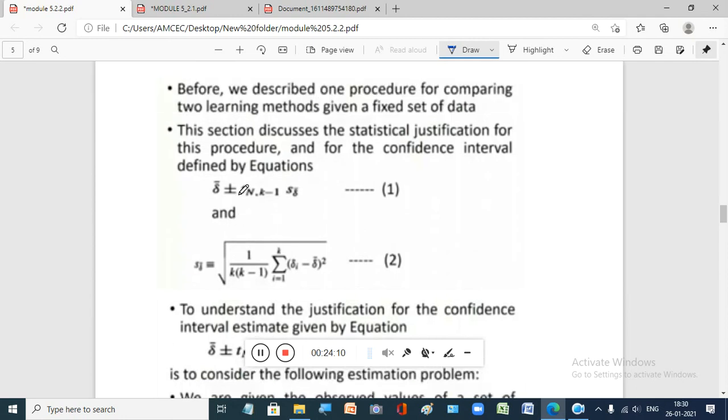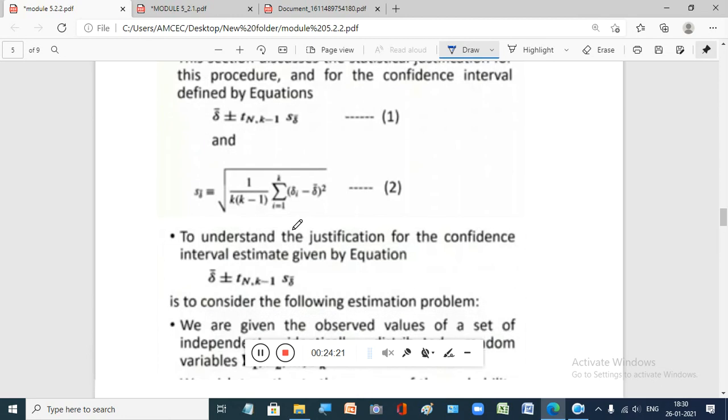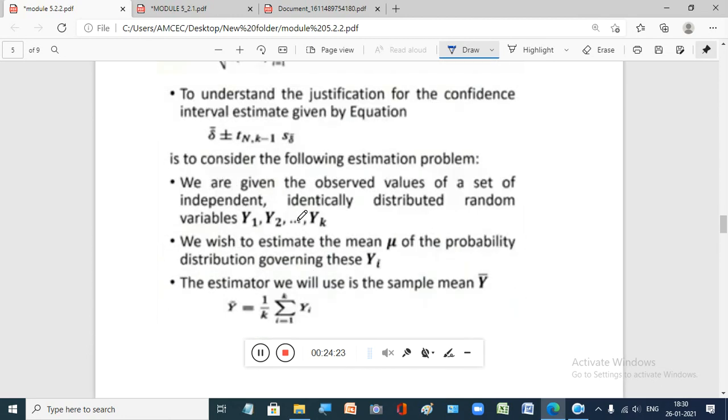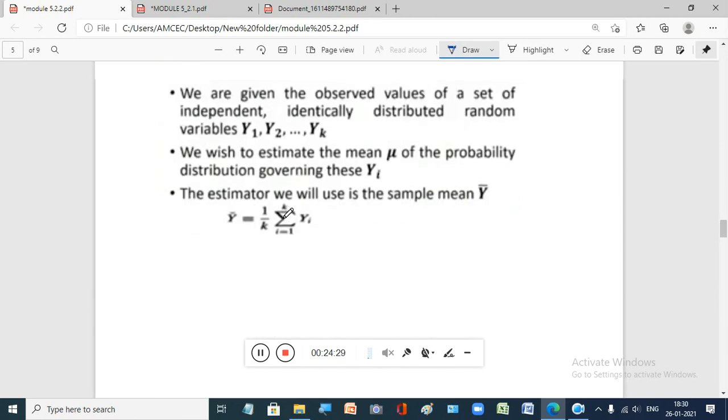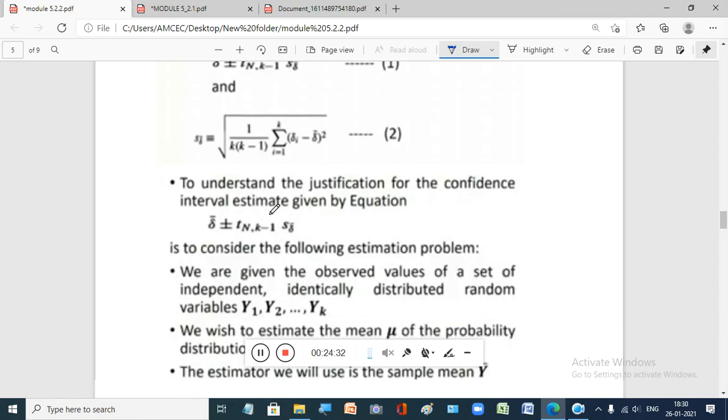So the next section takes each equation and tries to show statistically that the standard deviation we have is correct and obeys our sample data. Clear? So now let's go through this.